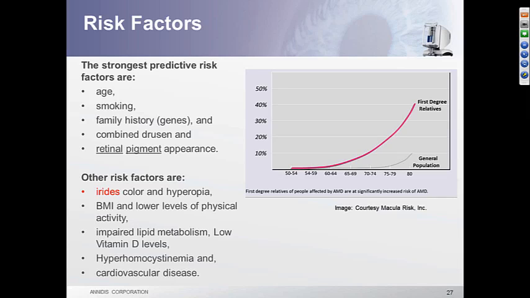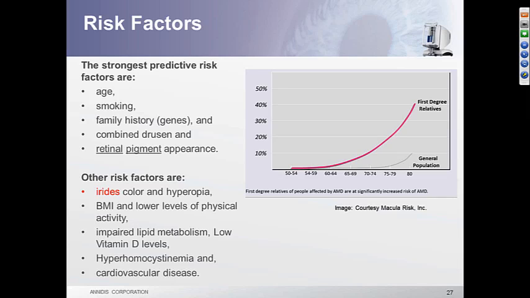That would be great. We know from research that the strongest predictive risk factors of macular degeneration are in fact age, smoking, to some degree your family history, your genes, and probably more importantly, the combined drusen and retinal appearance on clinical exam.